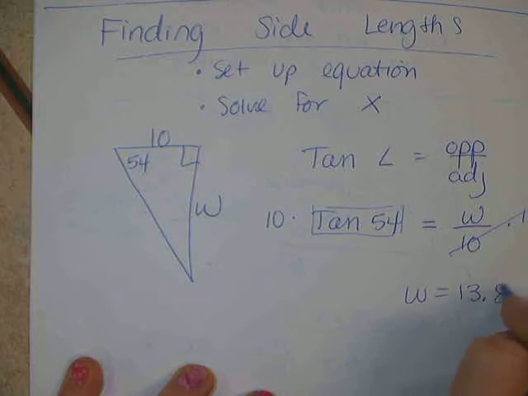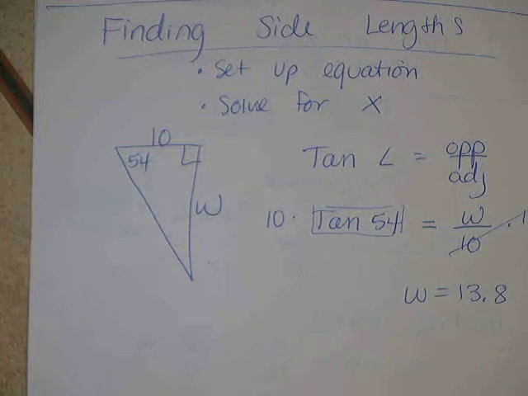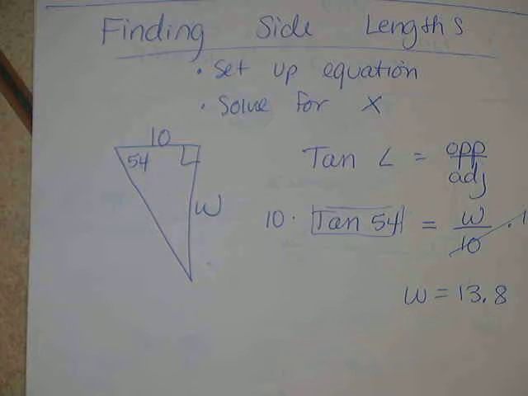So if your calculator will allow you, you do 10 tangent 54. And what you should end up with is 13.8. Okay? If you're able to do that, it's going to take you less work to use your calculator.